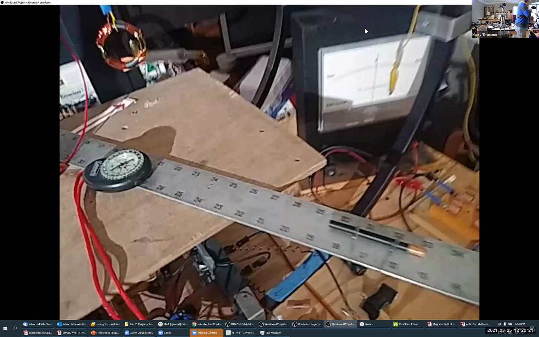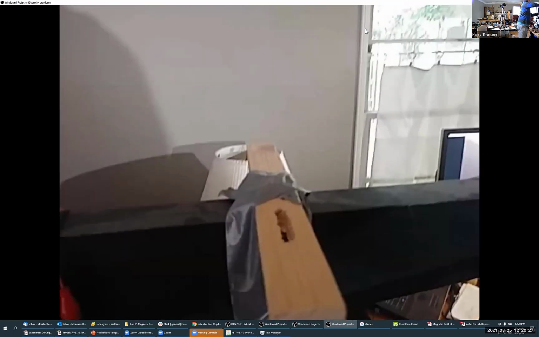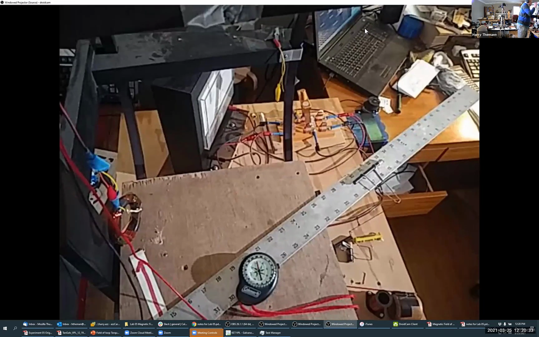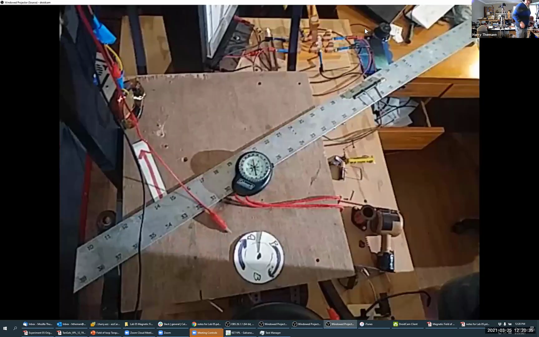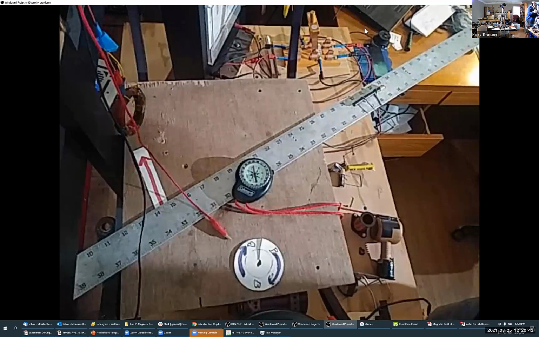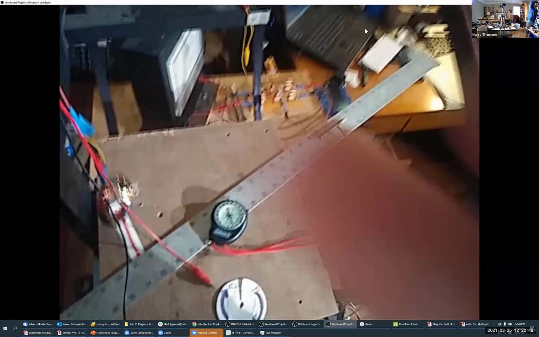So if I can get this to hold still enough, you'll see that the compass is at 45 degrees. Oh, it's hard to see. Let's see if I can zoom it in for you. Whoa, I just about knocked it all over.